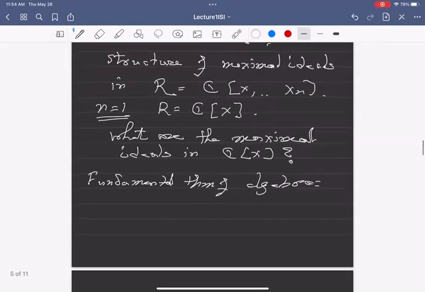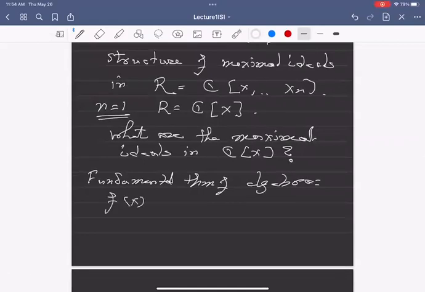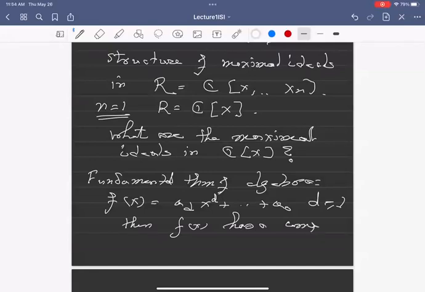The fundamental theorem of algebra says that if I take any polynomial of positive degree, a_d x^d plus ... plus a_0, where d is bigger than or equal to 1, then this polynomial has a complex root. f(x) has a complex root.